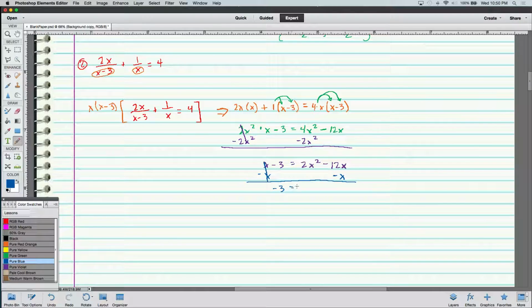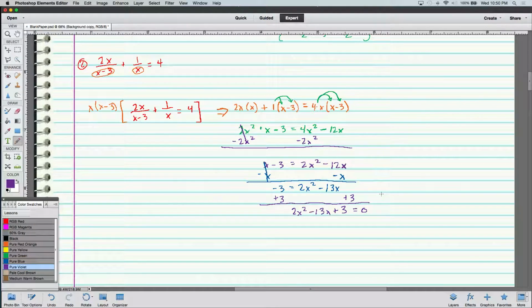So minus 3 equals 2x squared, negative 12 minus 1, minus 13x. And then our last one, we have our minus 3 here, so we're going to add 3 to both sides. And now we're left with 2x squared minus 13x plus 3 equals 0.